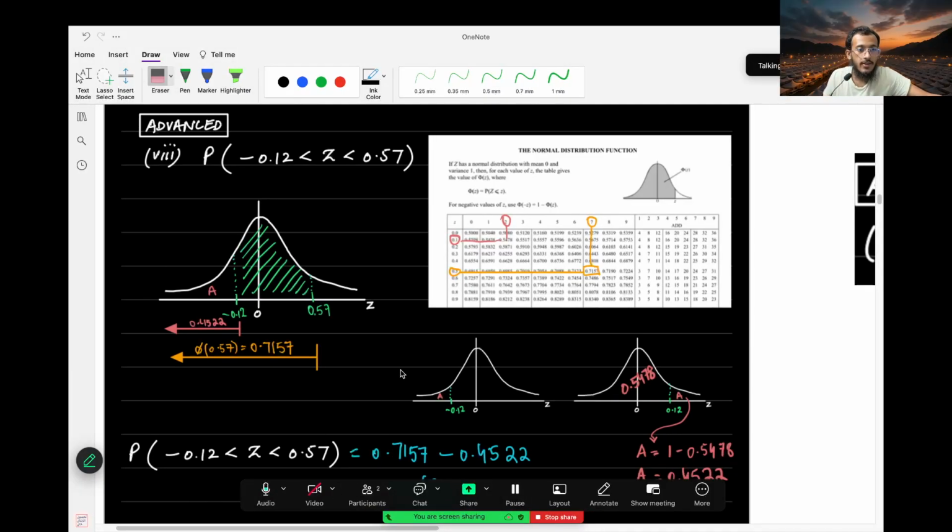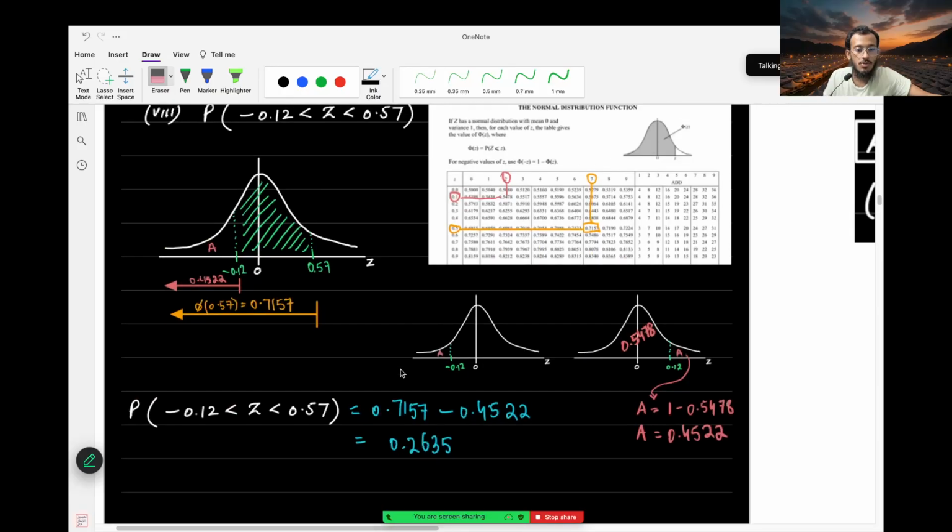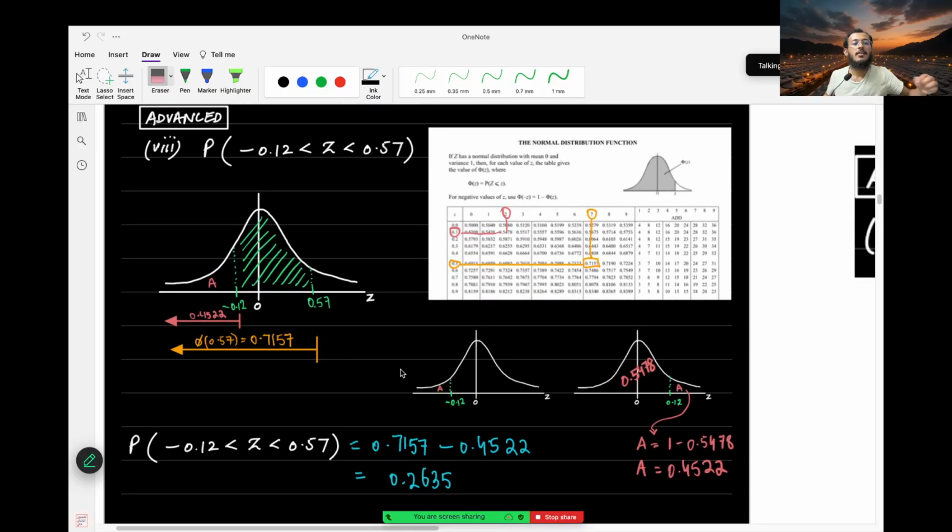Well, here is the answer. It is 0.2635. So this is my solution and working. Please confirm and let me know whether you have solved it in a similar method or not.